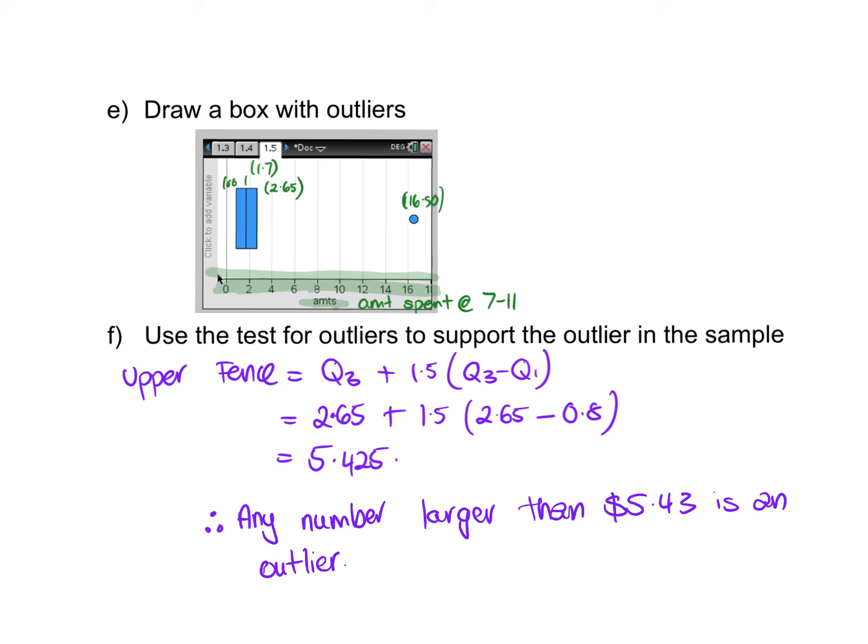If you're proving it's an outlier, you can either write that statement or sometimes some people write it like this: 16.5 is larger than 5.425, therefore it is an outlier. That's okay too, but often that's more methods kids like to write that. That'll be accepted. But writing a statement of exactly what's happening is also accepted. So you just say, well, that's larger than that, and that's okay too.